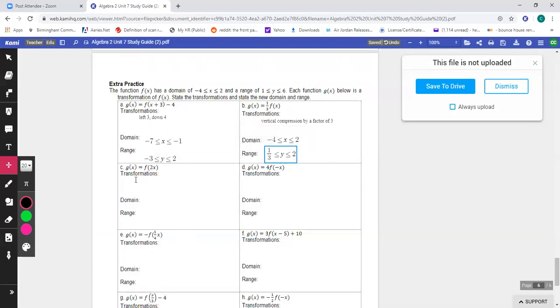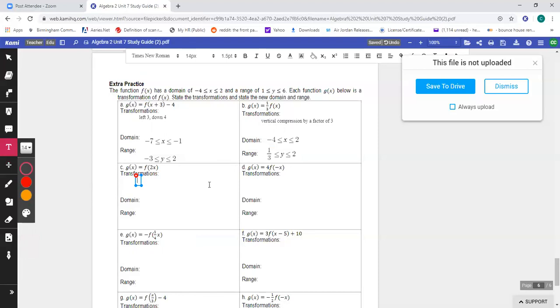So for letter C, the transformation, remember if the x is on the inside, this is a horizontal compression by a factor of 2. How is that going to change my domain? Well, that means I just divide my two domain numbers by 2.